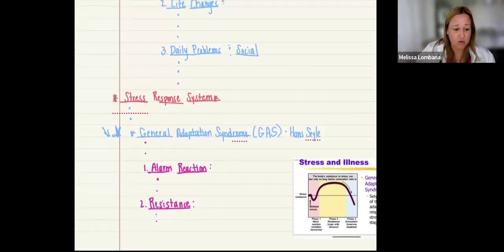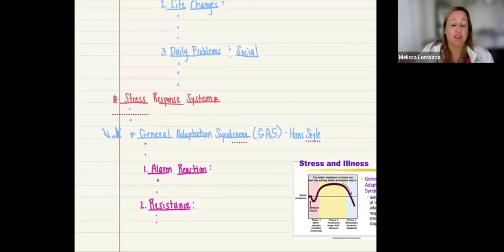Then you go on to the resistance, and this is where the person tries to cope with the stressors, okay? So this is where their temperature, blood pressure, and respirations remain really high so that they could continue fighting or fleeing. The next bullet, the adrenal glands pump hormones into the bloodstream, and we'll talk about those.